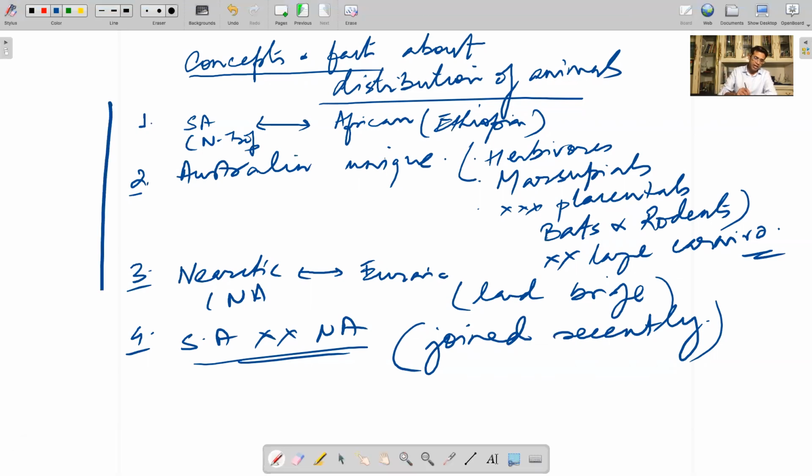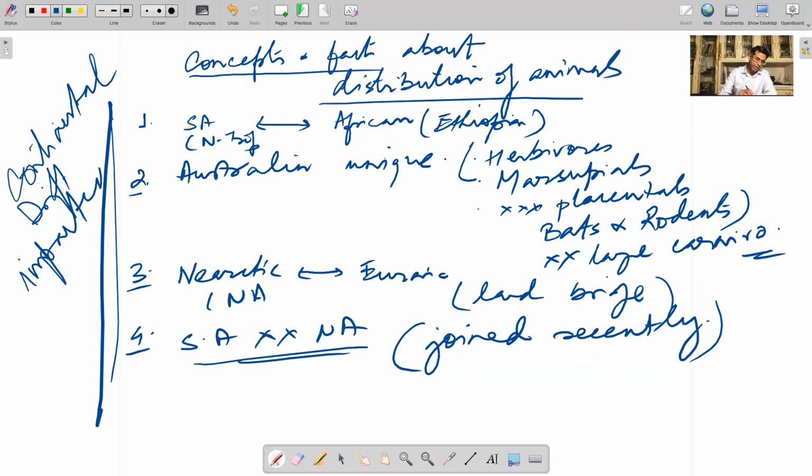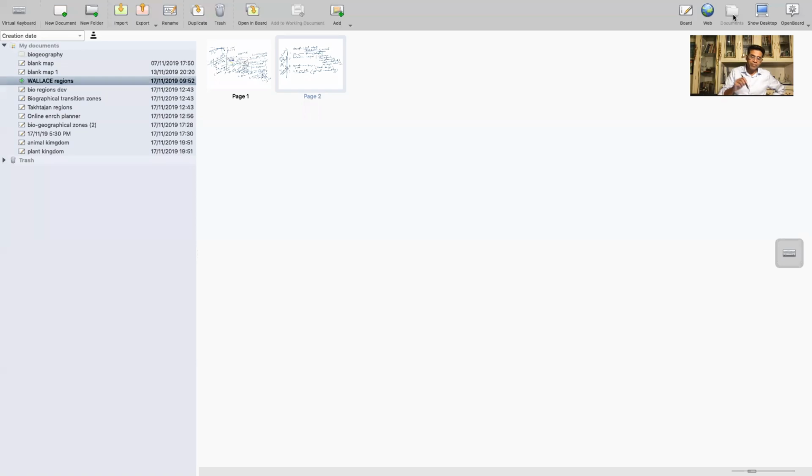Okay, so these are the 4 very important points, and all these 4 points are about how continental drift impacted the distribution of animals.